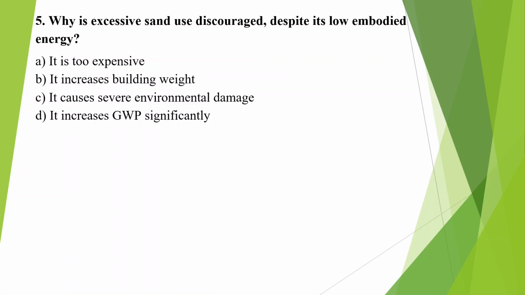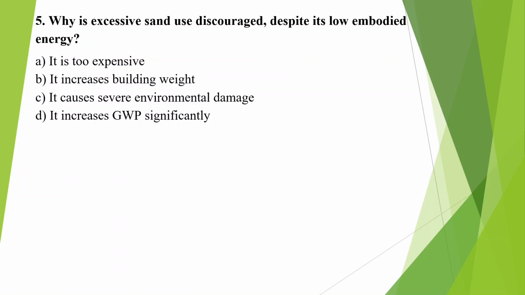So overuse can harm the river ecosystem. As you know, the sands are coming from the rivers. So if you are over extracting sand from the rivers, then it can harm the river ecosystem and landscapes also. So overall, it will make the environment unsustainable.